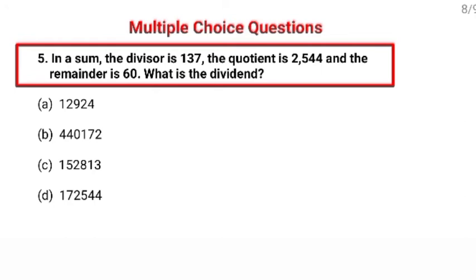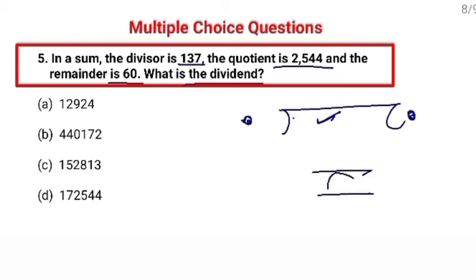Let's do them. In a sum, the divisor is this, quotient is this, and the remainder is this. What is the dividend? When you divide any two numbers, this number we call dividend, this is called divisor, this is called quotient, and the remaining part is called remainder, right?